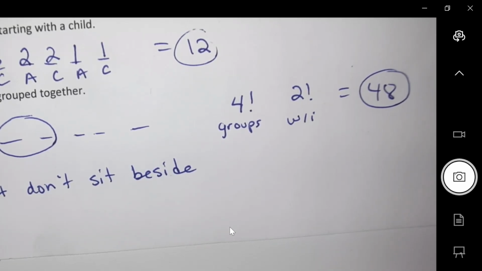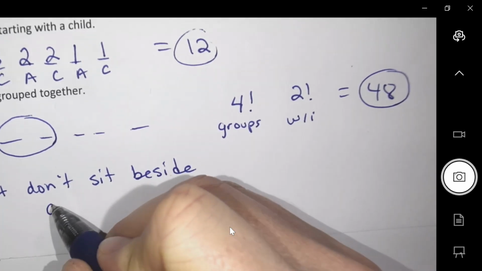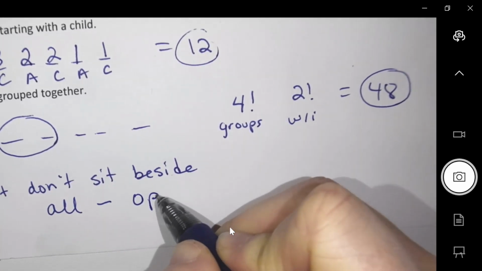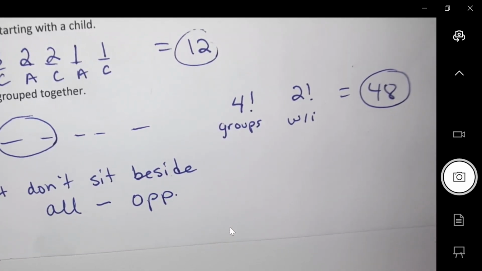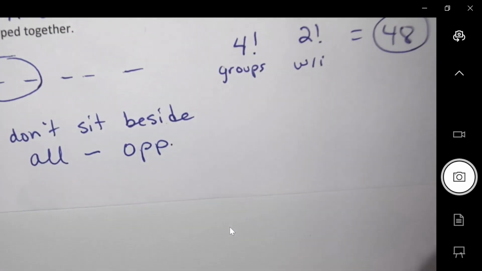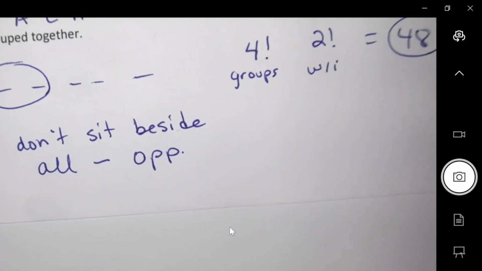I'm going to do, remember the strategy? All minus opposite event. Okay, if I just have, forget for a second, adults and children, how many ways could I just put all of those people in positions?